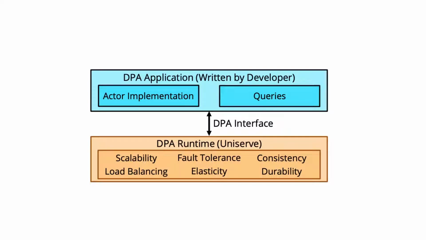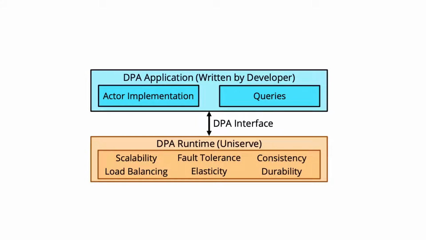While the developers are only responsible for the core unique functionality of the system, which is storing data and querying data. Because this distribution layer has been abstracted out, new features can be added to the Uniserve layer with very minimal modifications to the core of the system, which is storing and querying data.